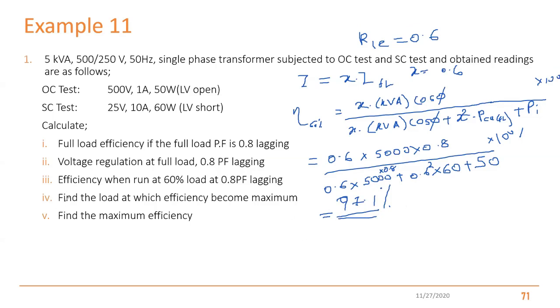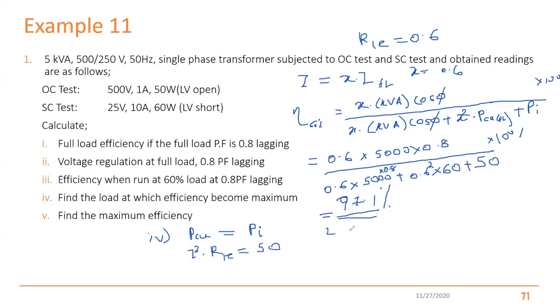Then the next part is to find the load at which efficiency becomes maximum. If the efficiency is maximum, copper loss is equal to iron loss. Only then will the efficiency become maximum. So I squared R1E should be equal to 50.